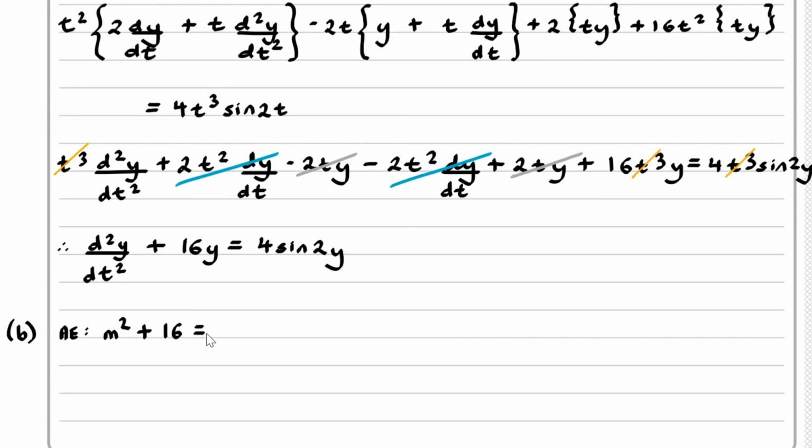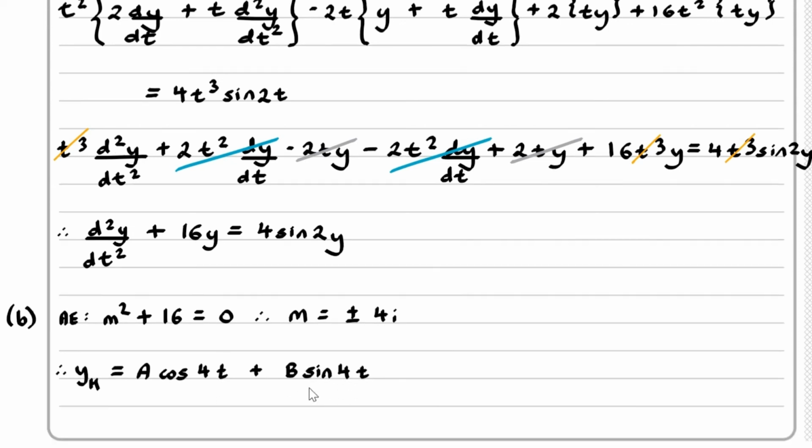I've got m squared plus 16 equals 0, m equals plus minus 4i. And therefore, for my homogeneous solution, we'll call it yH, we have a times the cosine of 4t plus b times the sine of 4t.